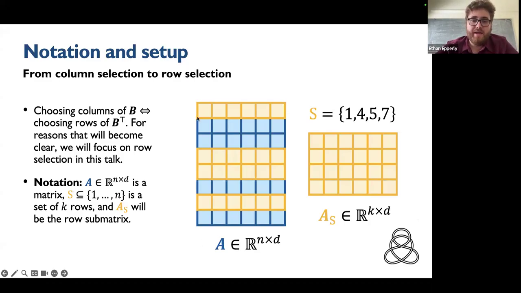I've shown here, if I pick 1, 4, 5, and 7, I've highlighted the selected rows of the matrix in yellow. And I can pull these selected rows out into a new matrix, which I'll call A sub S. So A sub S will always denote the row submatrix of A indexed by the set S. And indeed, whenever I take a matrix and subscript it by some object, that's always going to refer to the submatrix indexed by whatever I've put in the subscript.